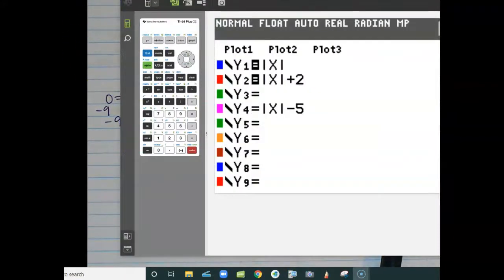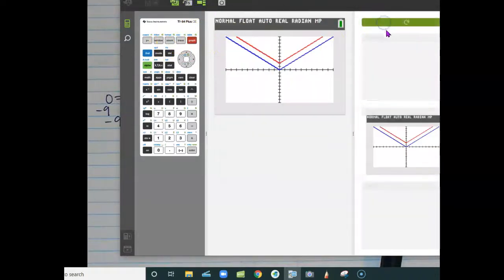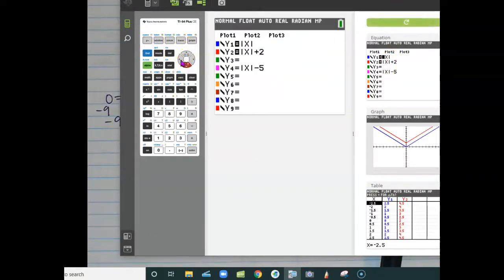In the calculator, I have the parent function and the absolute value of x plus 2 ready to graph. So it moved the vertex up 2. So it's the same. Here's the equation, x plus 2. It moved it from 0, 0 to plus 2. Let's go and turn on this equation for 4 and graph it.